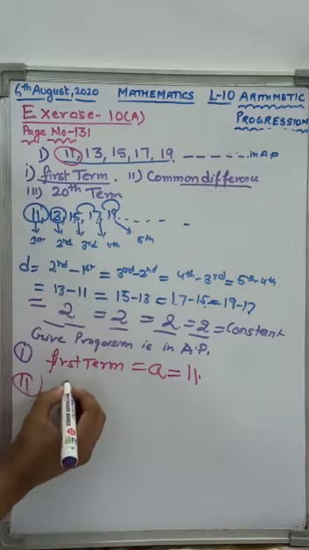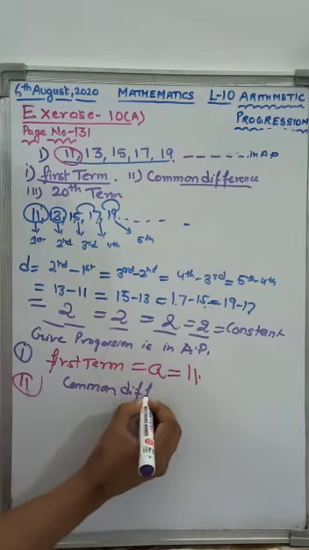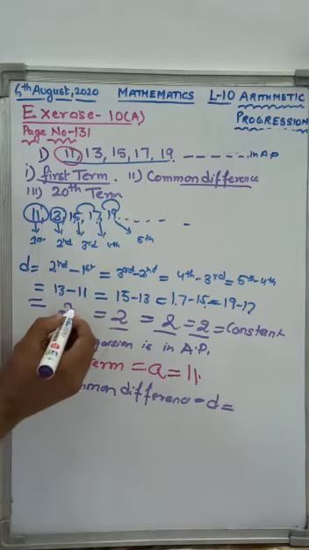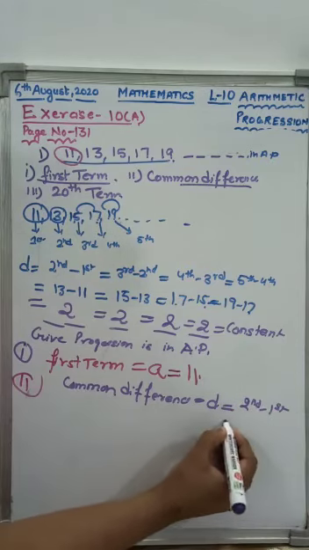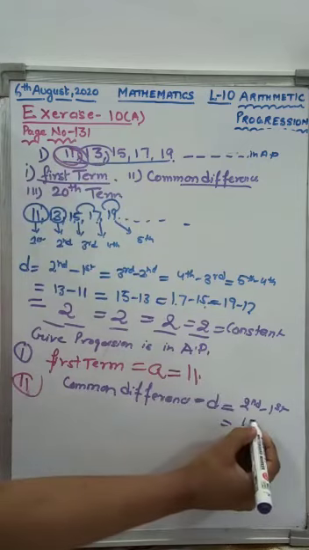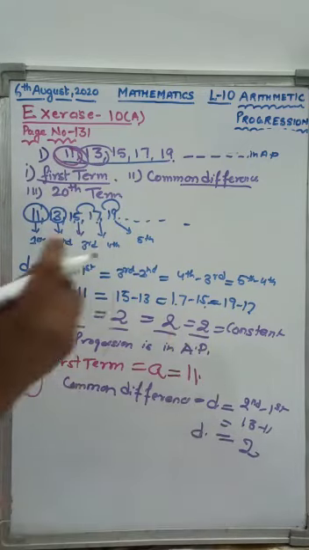Common difference is represented by small d. You have to learn the formula with the correct symbol. Small d. Just now we have taken it out. Second term minus first term. The second term is 13, the first term is 11. So 13 minus 11 is 2. So the common difference is 2.